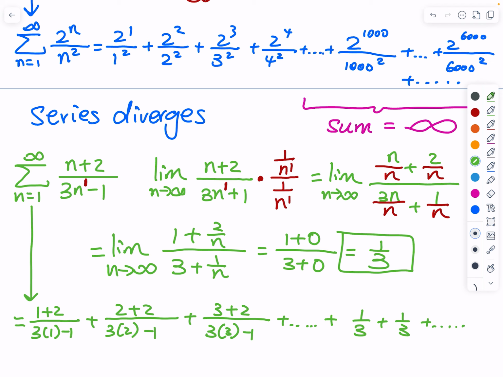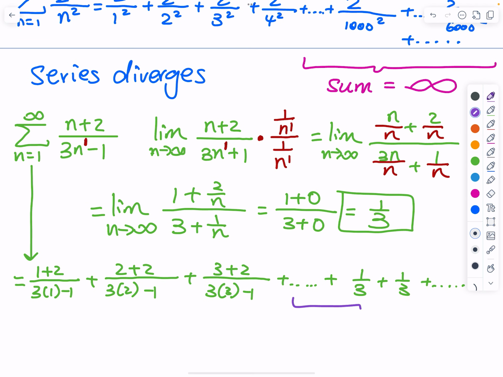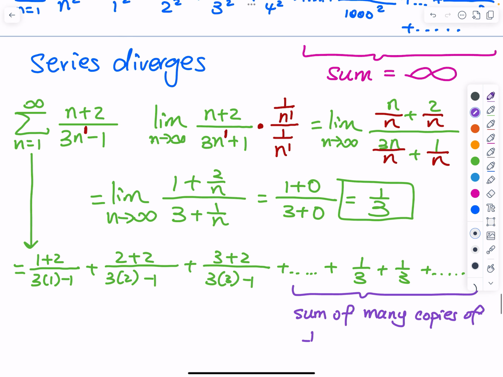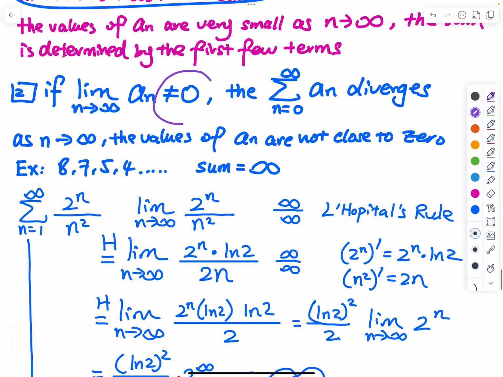Hold on, wait a minute. This one, you have the sum of many copies of 1/3. So the sum is still large, according to what we have when the limit is not equal to 0.